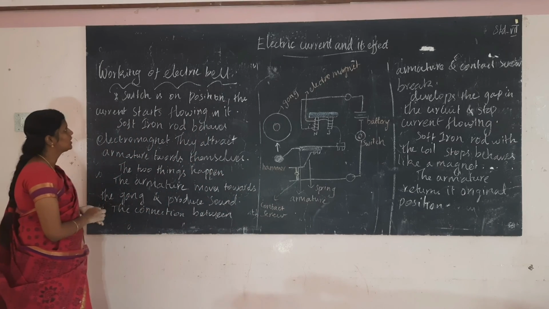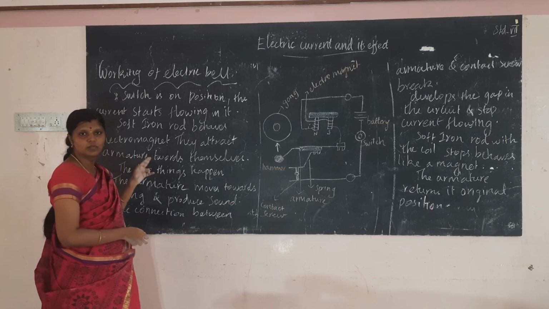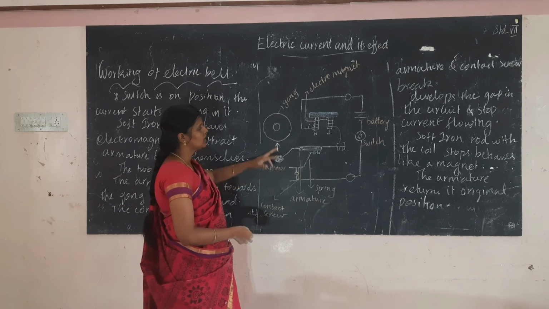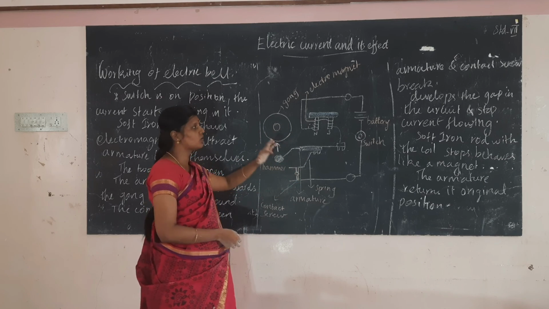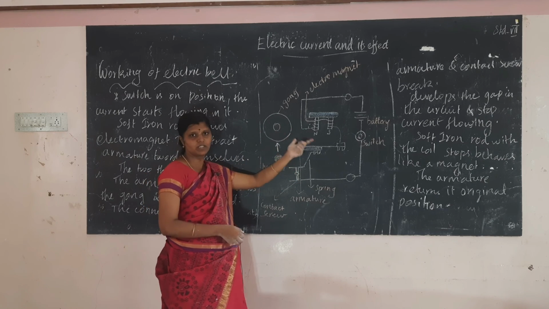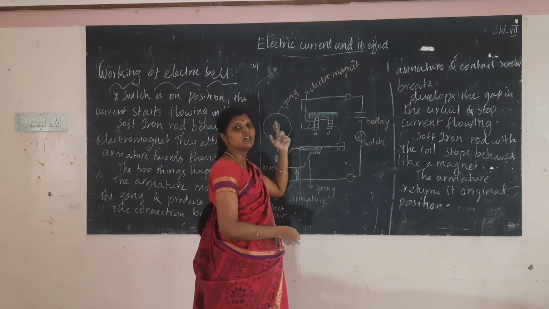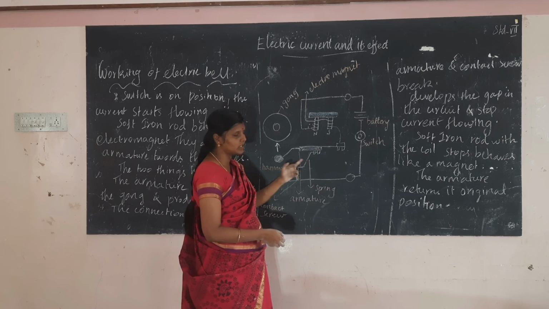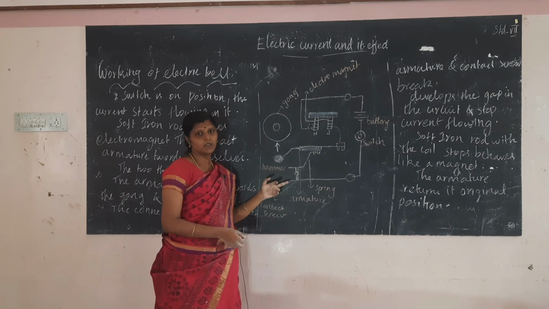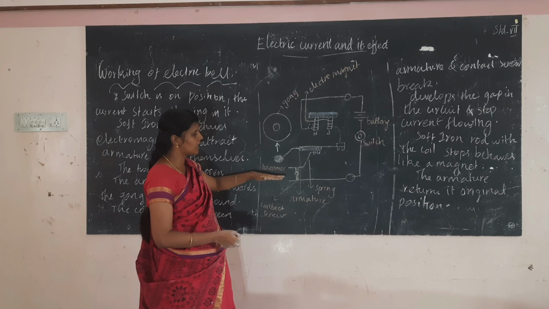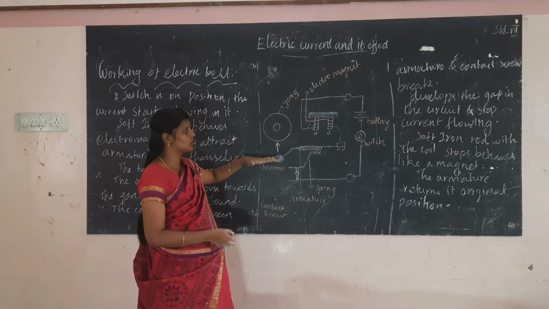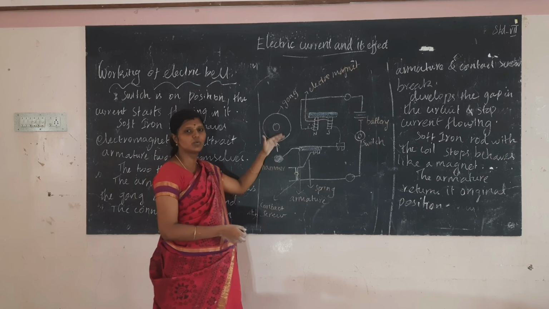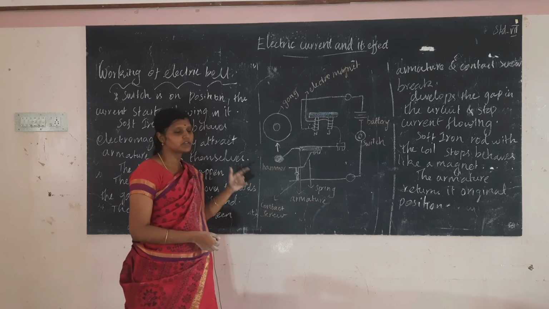Working of the electric bell: switch it on, and the current flows. The wire is coiled around the soft iron rod, so it behaves as an electromagnet. The electromagnet attracts the armature, so the armature moves towards the gong and produces sound.